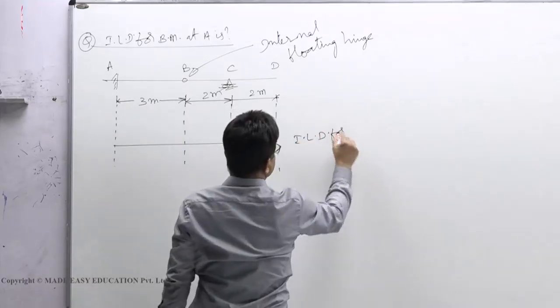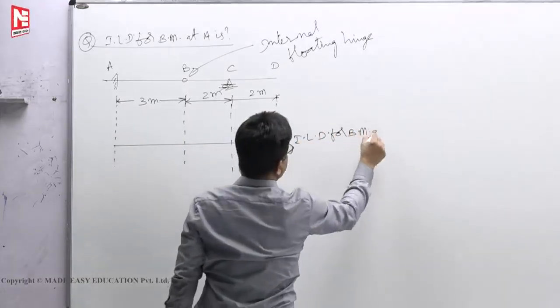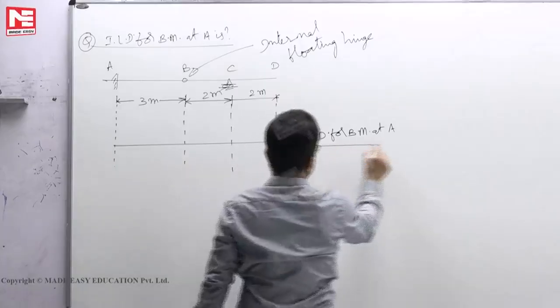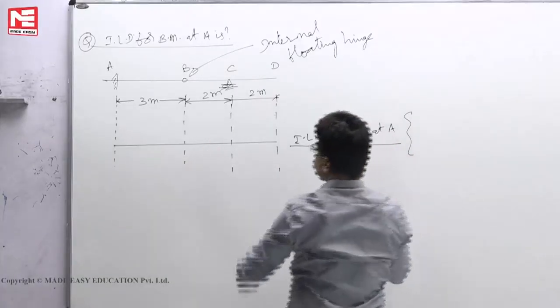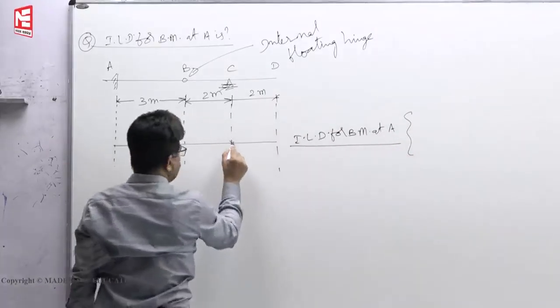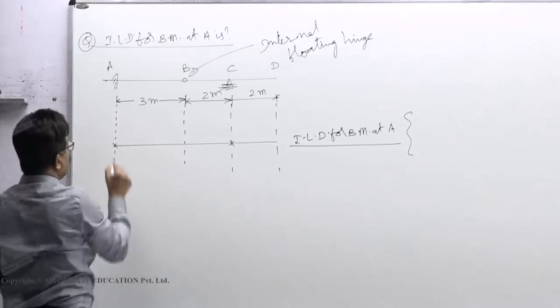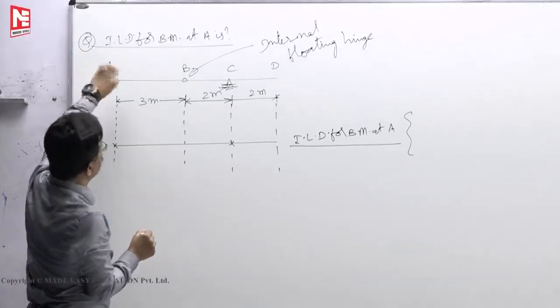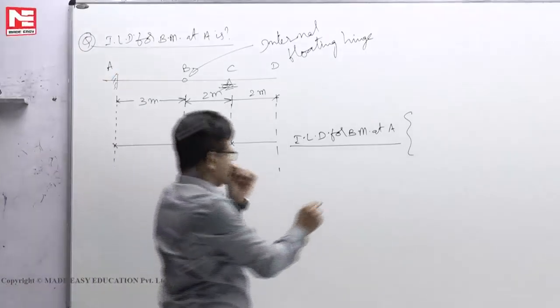ILD for bending moment at A. What we have to do? Without removing the supports at C and A, assume an imaginary hinge at A and apply unit rotation.